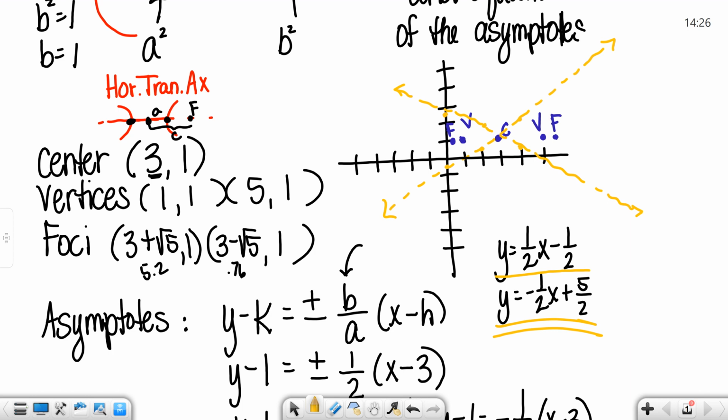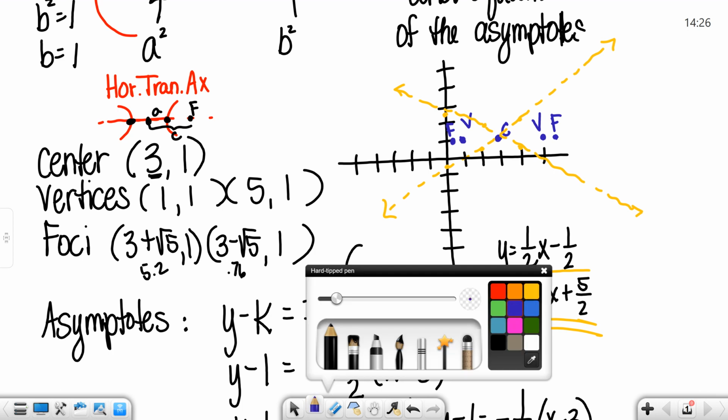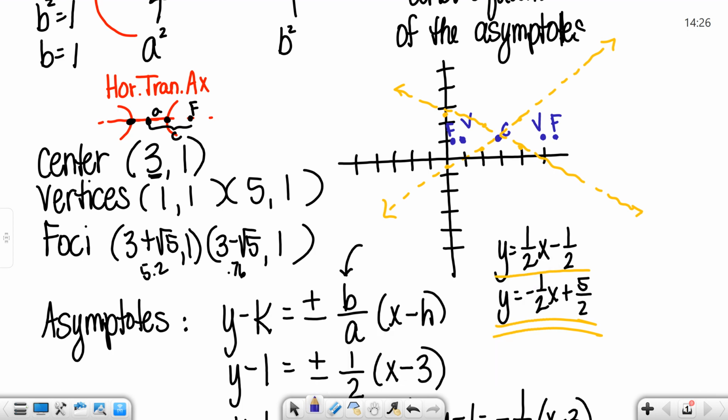All right. Now what this does for me is it shows me how fat my curve is going to be. Now I'm ready to draw my curve because my curve goes through the vertex alongside the asymptotes, never crossing the asymptotes.